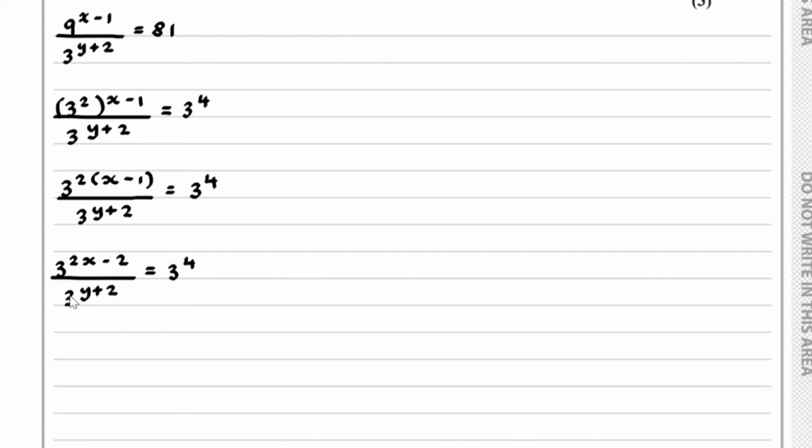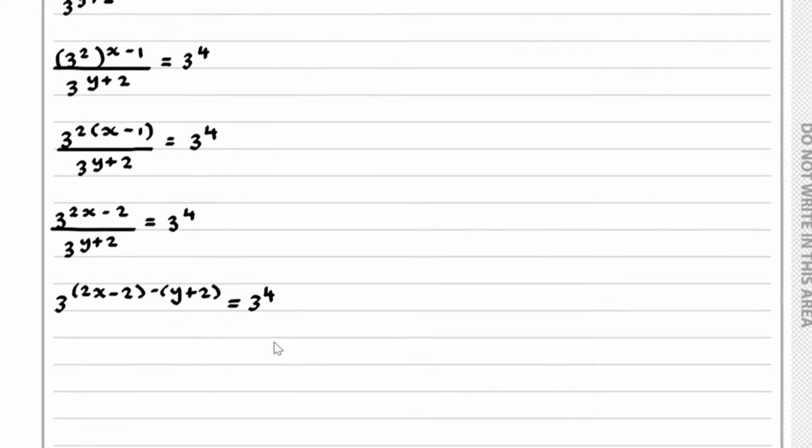When we have the same base and we are dividing, we subtract the powers. So on the left hand side we have 3 to the power of 2x minus 2 minus y plus 2. And this is equal to 3 to the power of 4.